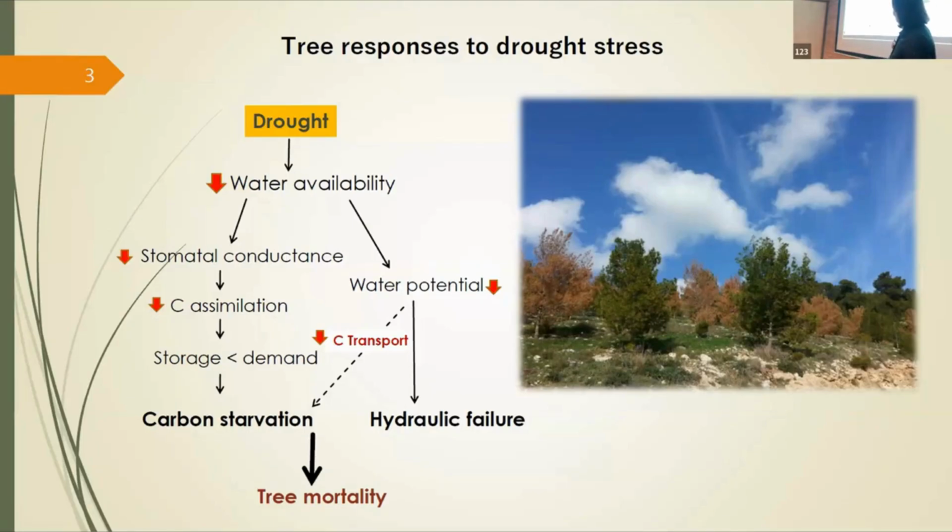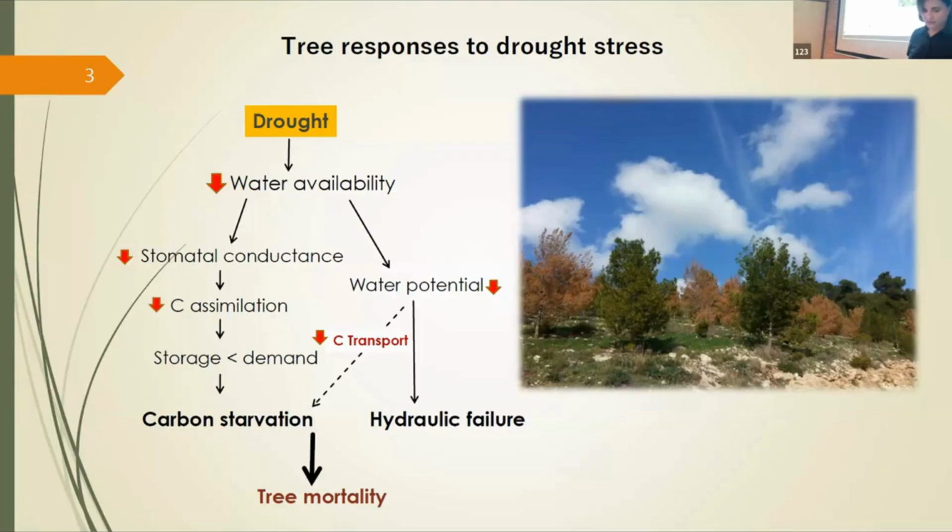In parallel, when water availability is low and stomatal conductance is not that reduced, we get water potential reduced in the stems and in the leaves, and then we can get hydraulic failure. And most of the trees that die from drought in nature, they die from hydraulic failure. I'm not going to get into this mechanism, but these two processes are also connected, and trees are dying.